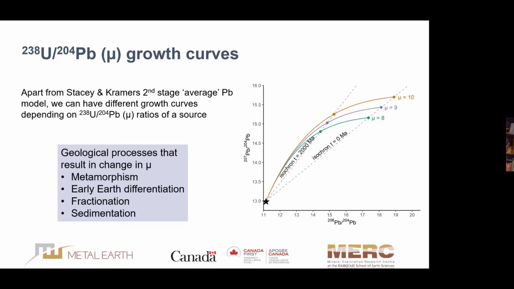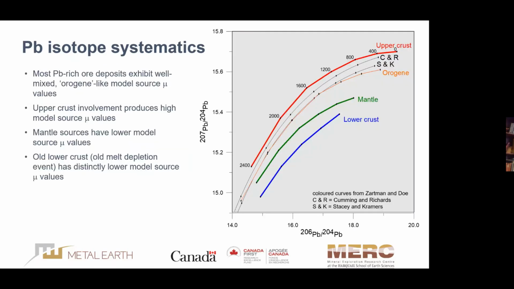That will typically relate to things like the upper crust being enriched in uranium and hence having, over a long period of time, higher uranium-lead, whereas the mantle is lower. And if you've had an ancient uranium loss event, then you can produce a very depleted lower crust.